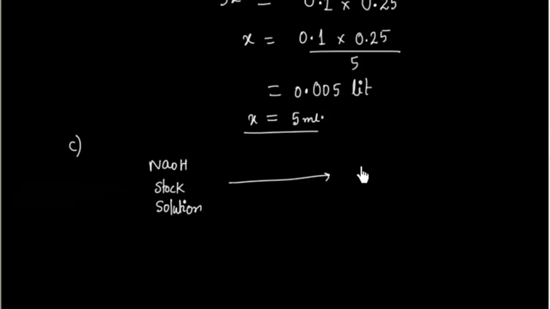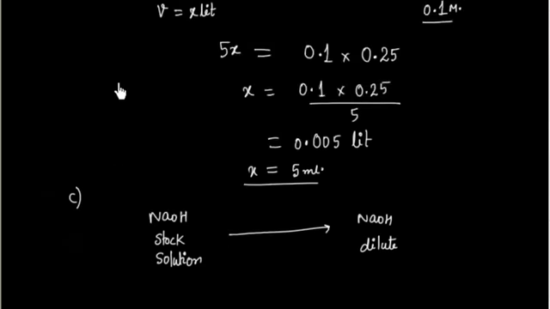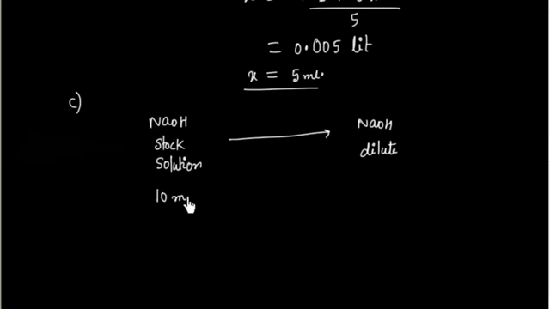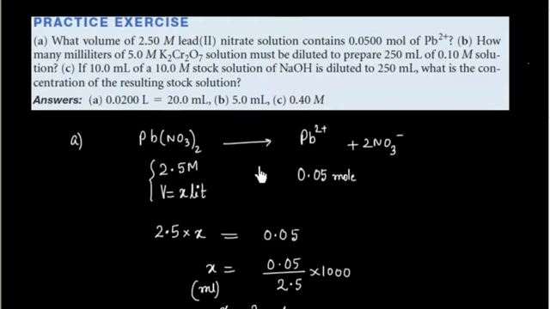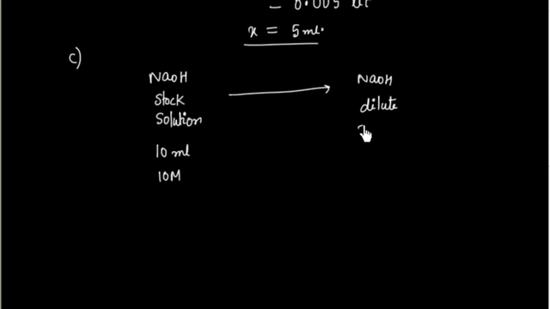Now this is converted into dilute NaOH, and the concentrated NaOH solution has 10 ml at 10 M. The dilute NaOH has 250 ml, and let us say the concentration is x. We have to find the concentration, that is the molarity of NaOH. Let us say molarity is x M.